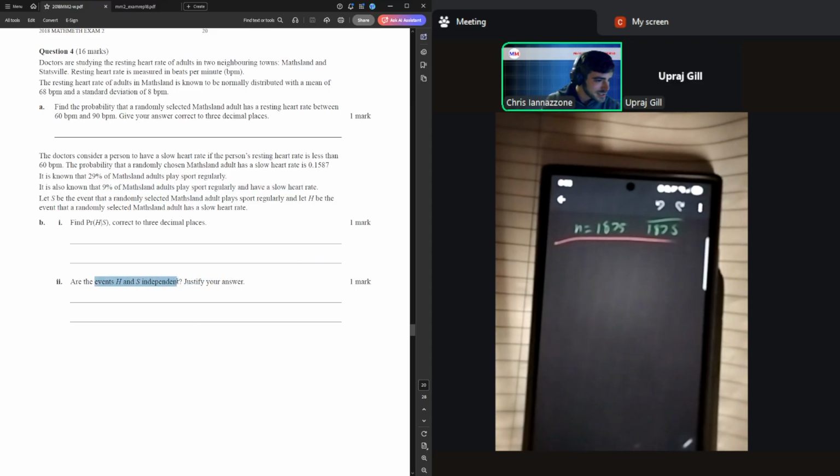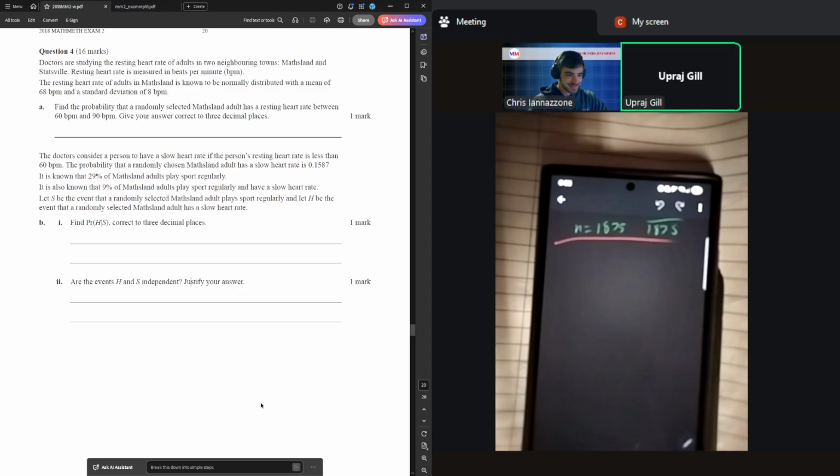You said you finished up independence recently. Are they independent? Let's see. No. If it was independent, then the probability of someone having a slow heart rate would be the same as the conditional, but it's not.